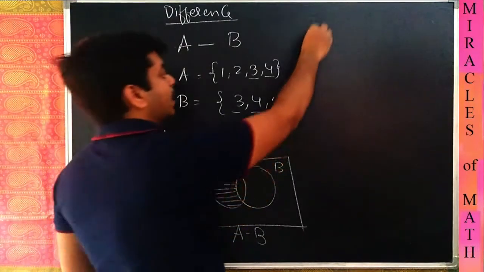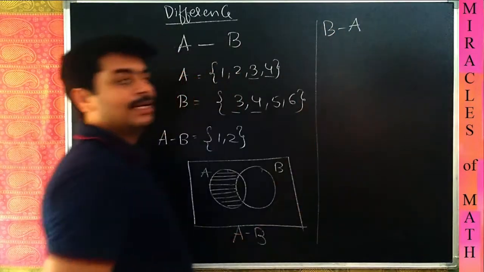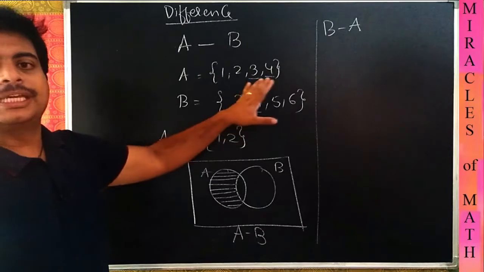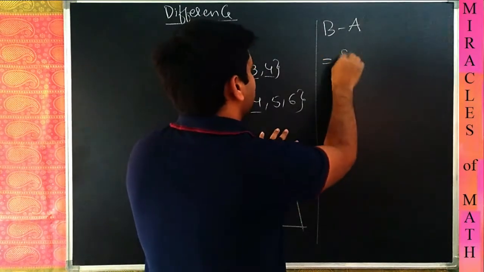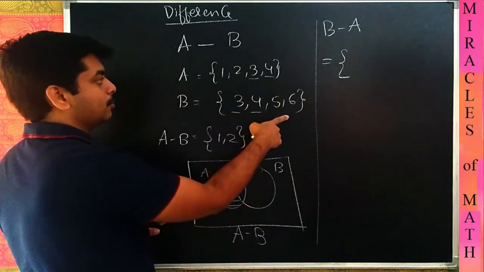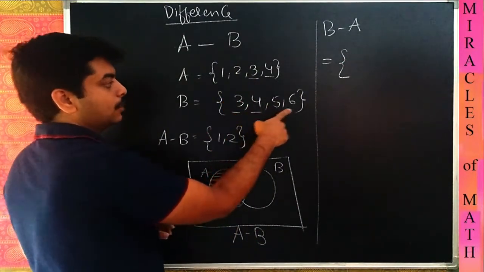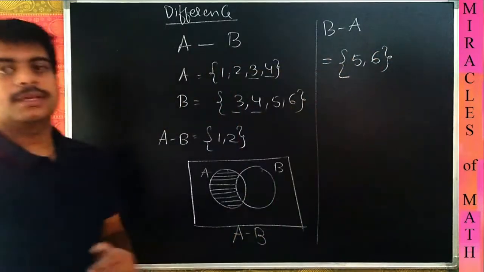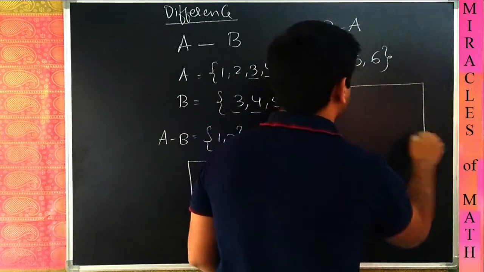In the same way, we can also have B minus A. One more difference, B minus A. What is that? All the elements of B should be there, but A should not be included in that. So B minus A is equal to all elements of B, but not the common elements with A. So 3 and 4 should not be there. So 5, 6 should be there. When you're writing in terms of Venn diagrams, what happens?